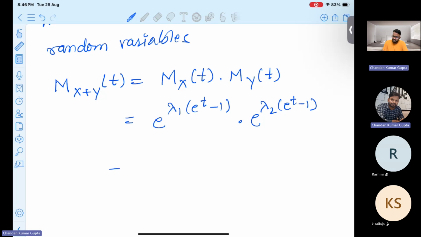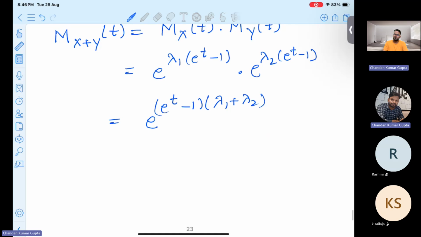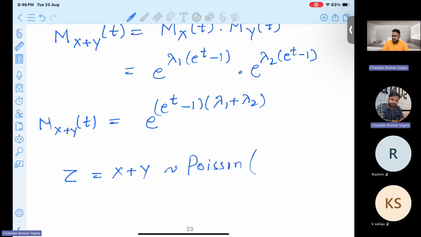Since both have the same e to the power t minus 1, it becomes e to the power (e to the power t minus 1) times (lambda1 plus lambda2). If you compare, you will find that the random variable Z, which is X plus Y, actually follows a Poisson distribution with parameter lambda1 plus lambda2.